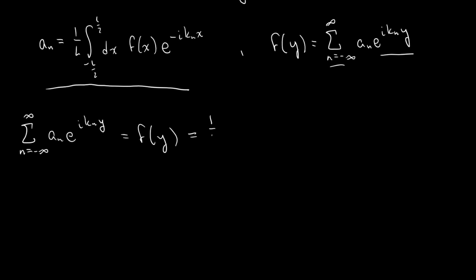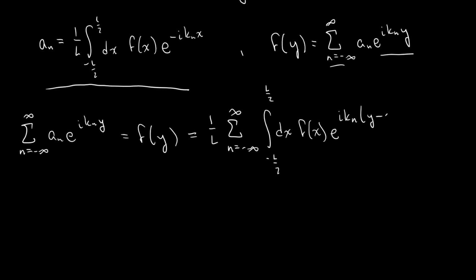This is equal to 1 over L times the sum from n equals minus infinity to infinity, integral from minus L over 2 to L over 2, dx f of x, e to the i k_n (y minus x). The minus x comes from this guy and the plus y comes from this guy, wherever you want to see it coming from.